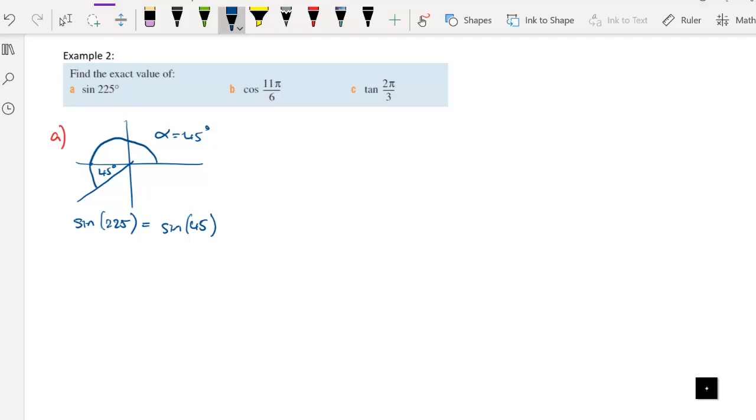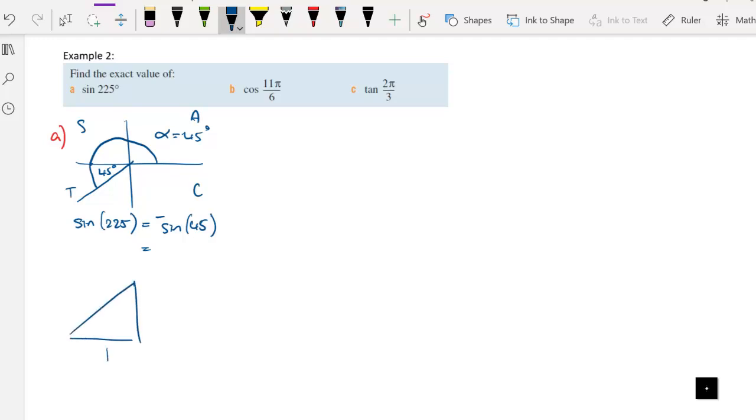and all we need to do is work out whether it's positive or negative in this quadrant. So if we add on our CAST, we know that the only thing that's positive in this quadrant, quadrant 3, will be tan. So sine must be negative. Now the last thing is that we can use our standard triangle, or we can use our table. I'll use a standard triangle in this case.